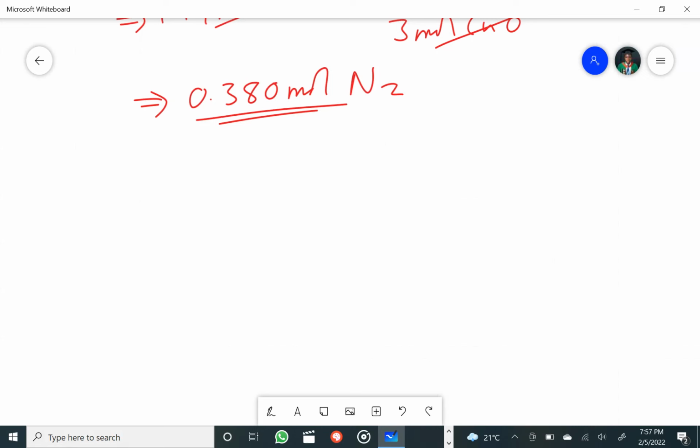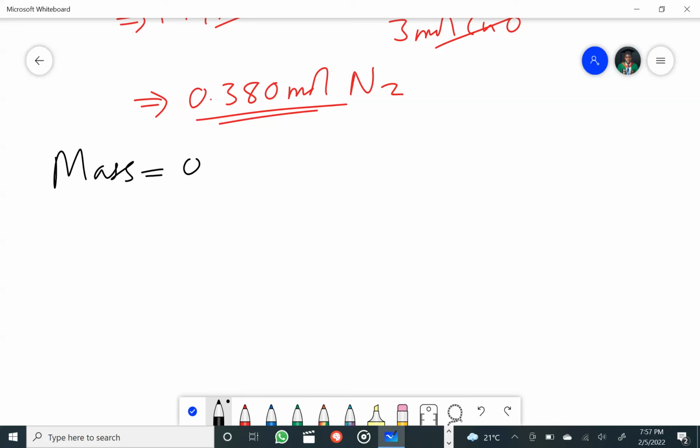So what we are going to do is, how do we find the mass? So we say mass is what? Moles times molar mass. So molar mass, again, we know this is going to be 28.02.